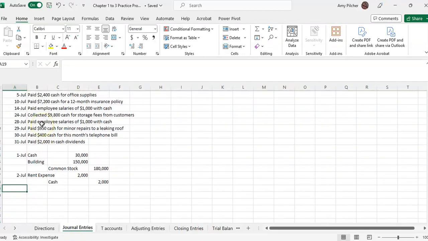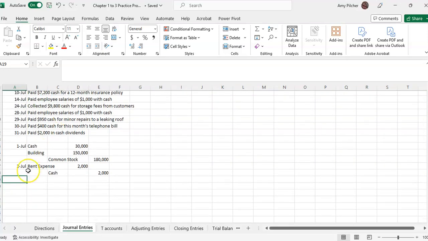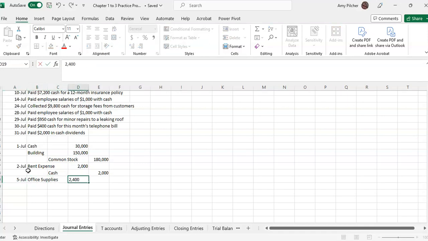Okay, next journal entry. July 5th, we paid $2,400 for office supplies. So we have gained an asset of office supplies. So our debit is to our asset account for $2,400. And we paid out cash of $2,400.